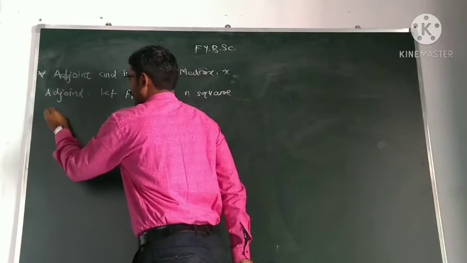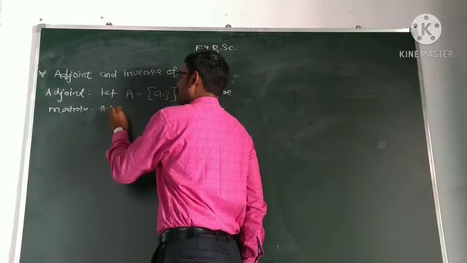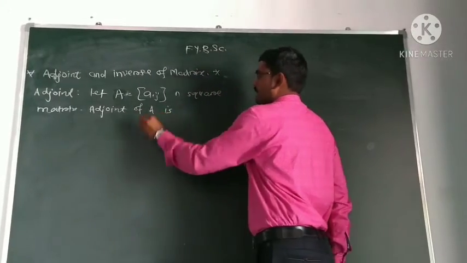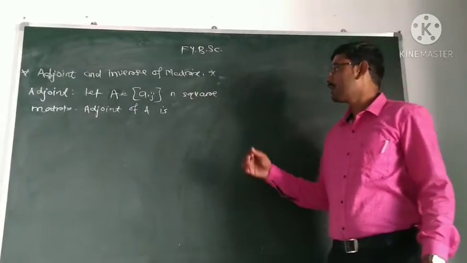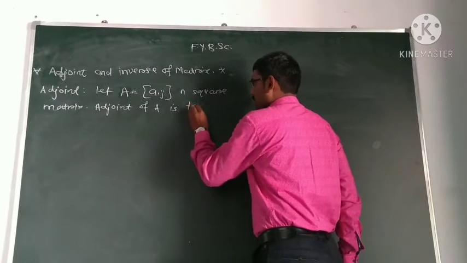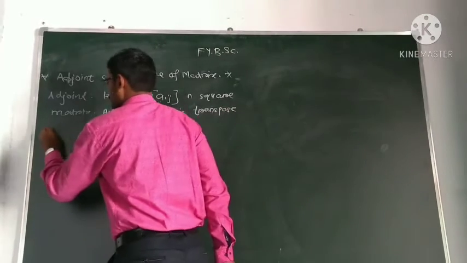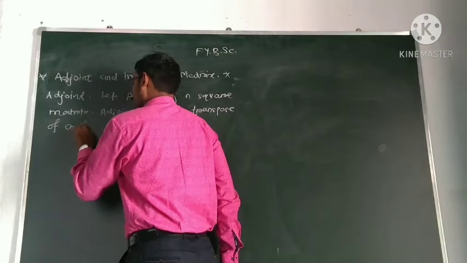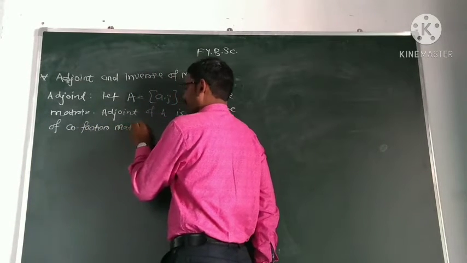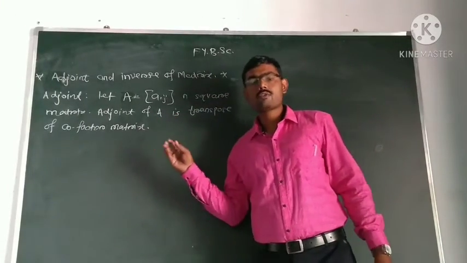Then adjoint of matrix A is nothing but the transpose of the cofactor matrix. Okay, so if we are asked to find the adjoint of the matrix, what do we have to do?